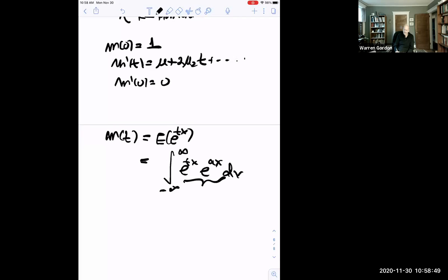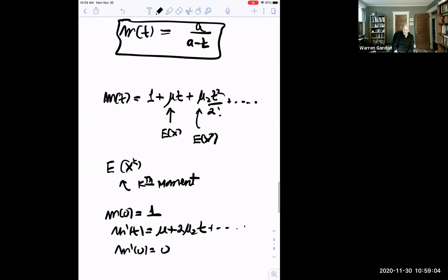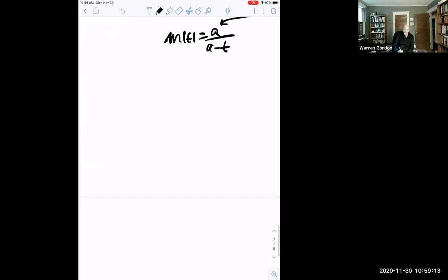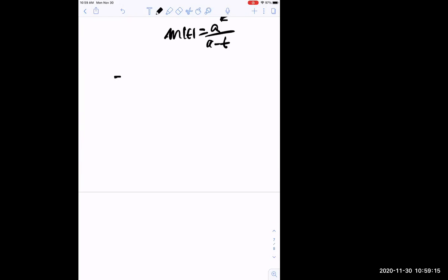Put these together and write this as e to the minus, I'm sorry, a minus t x dx, and integrate this. This gave me the moment generating function, what I said before, a over a minus t. And once I had this, it was easy to differentiate this with respect to t.